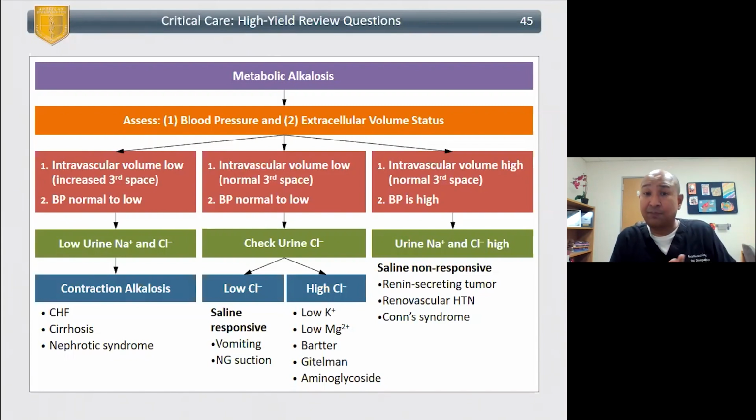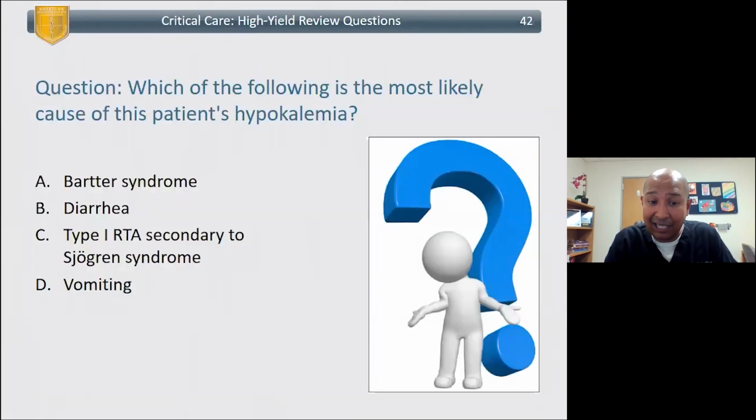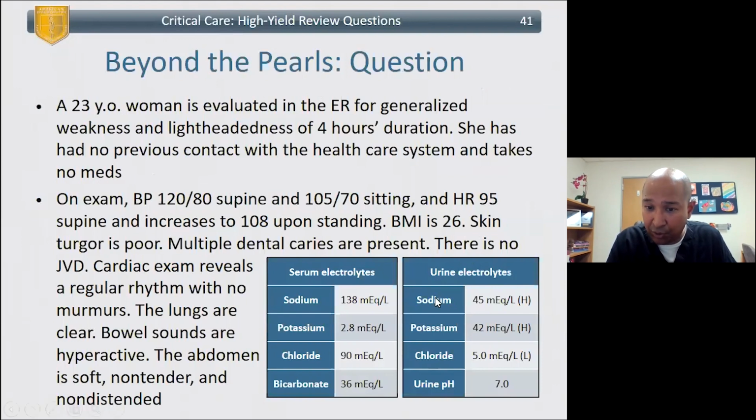Bicarb, because it's negative. And if you have a metabolic alkalosis, do you want to dump out bicarb in the urine? Definitely. And because of that sodium hydrogen pump, and you're retaining the hydrogen ion, and you're dumping out the sodium, the urine sodium is going to be what? High. That's right. And that's where that very high urine sodium comes from.